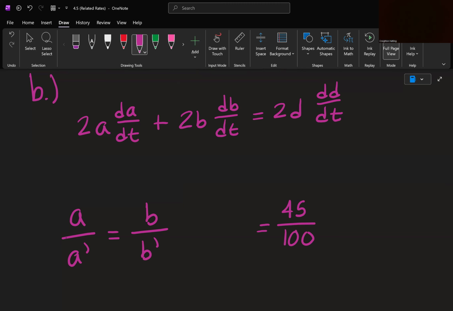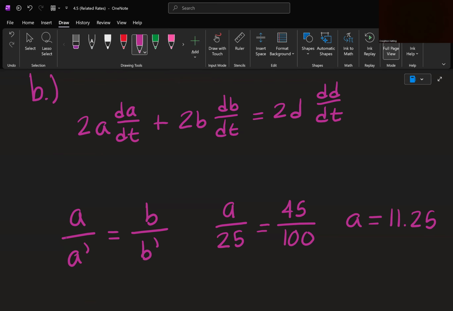So that's going to equal A, which we're trying to find right now, over A prime, which was 25 feet per second. I only have one variable in this equation, so I could solve for A. So when we do that, we do get A equals 11.25. There are definitely other ways that you can find this value. This is my favorite way to do it because it's pretty cut and dry.